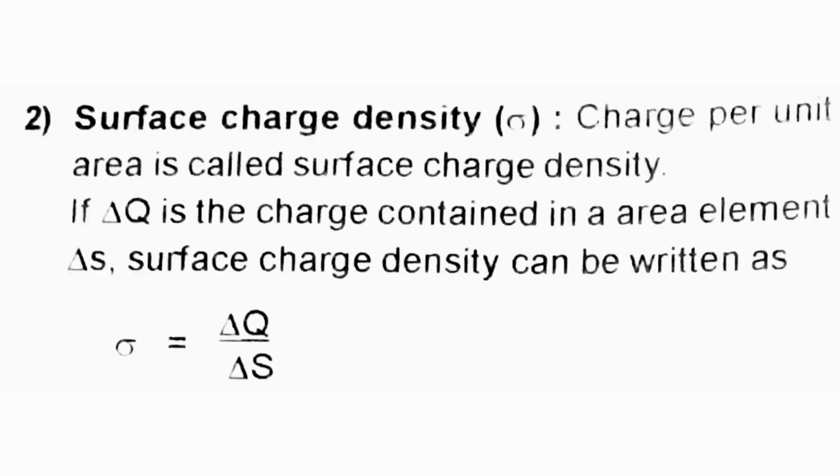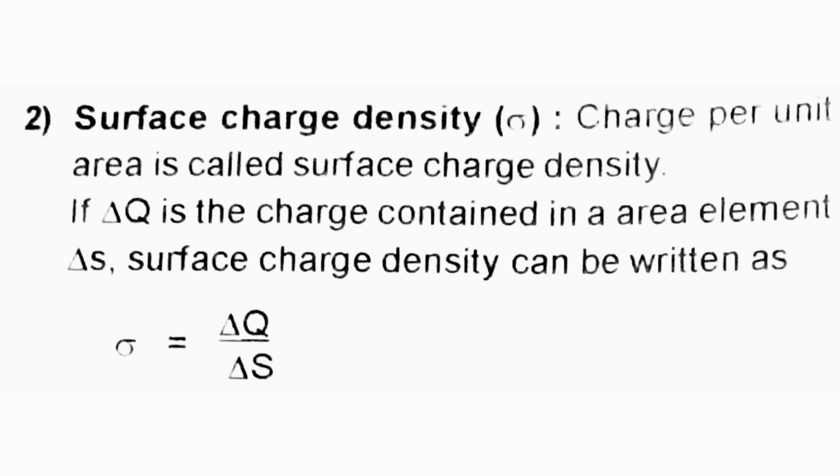The next topic is surface charge density, which is represented as sigma. In the case of surface charge density we have to consider a continuous surface charge distribution. That means the charge will be distributed over a surface. Suppose delta S is the small elemental area and delta Q is the charge contained in that area element.